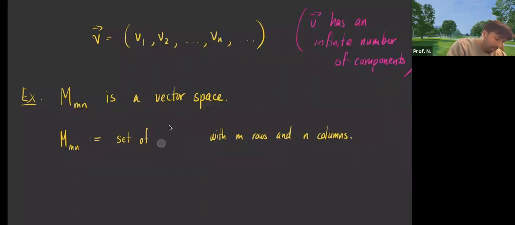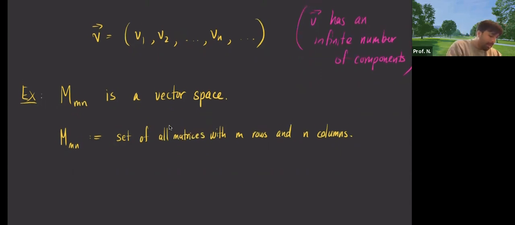So it's the set of all matrices. An example within an example is M22. What is this? This is the set of all 2 by 2 matrices.